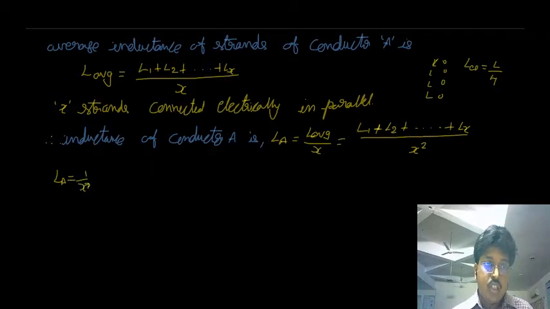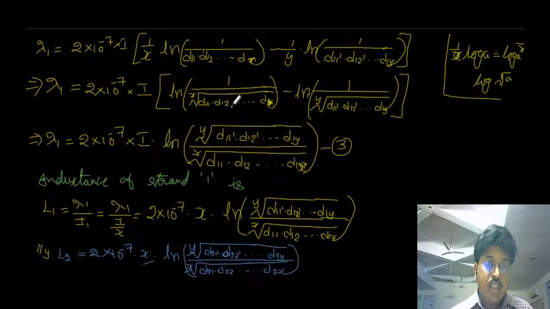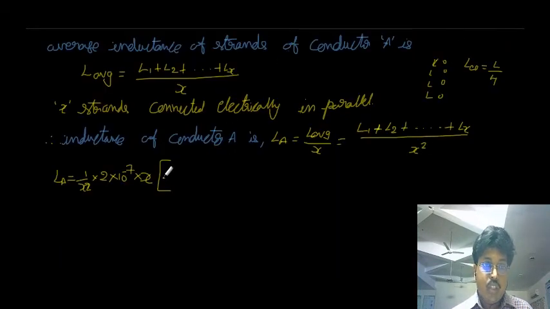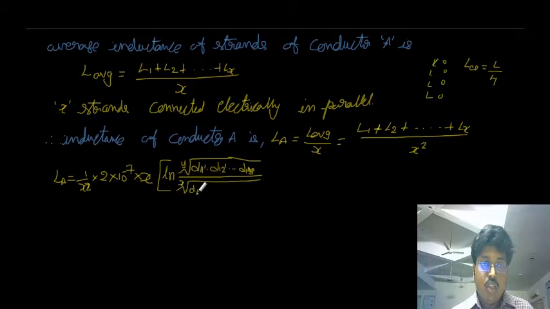First, L1 is 2 into 10 power minus 7 into x into logarithm of y through tau, d11 dash into d12 dash into so on d1y, divided by x through tau, d11 into d12 into so on d1x. This is L1.